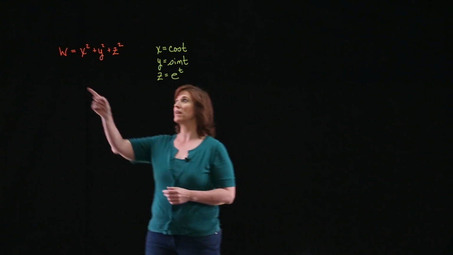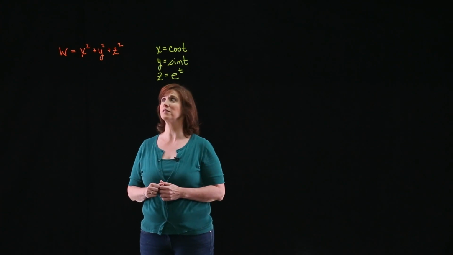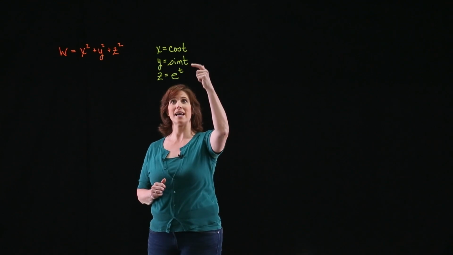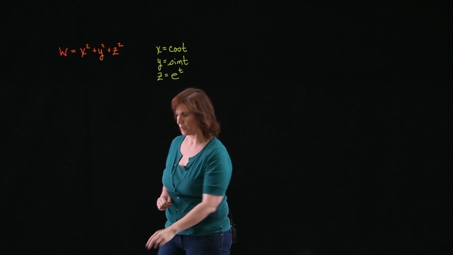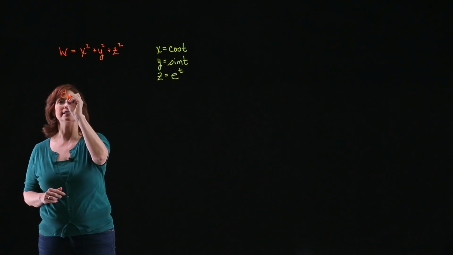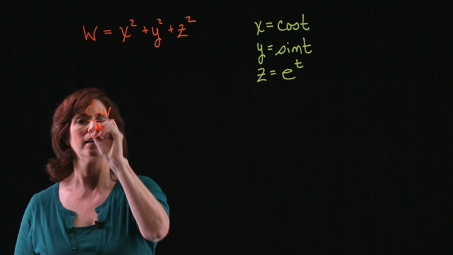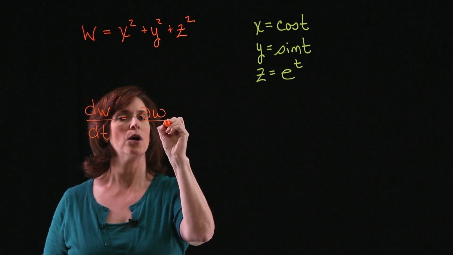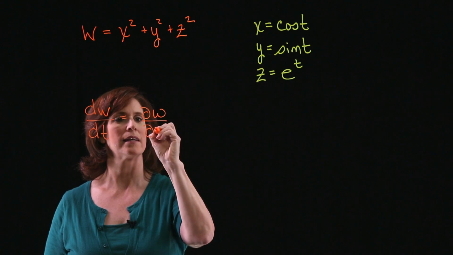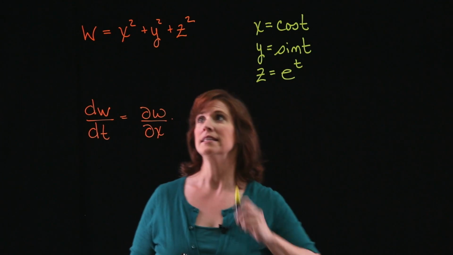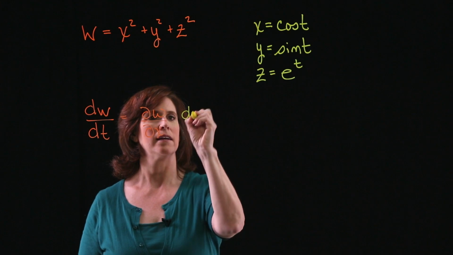All right, so the function we're given is w equals x squared plus y squared plus z squared, where x is the cosine of t, y is the sine of t, and z is e to the t. So let's begin with the chain rule. If I want to find dw dt, I'm going to take the partial of w with respect to x and multiply it by dx dt.